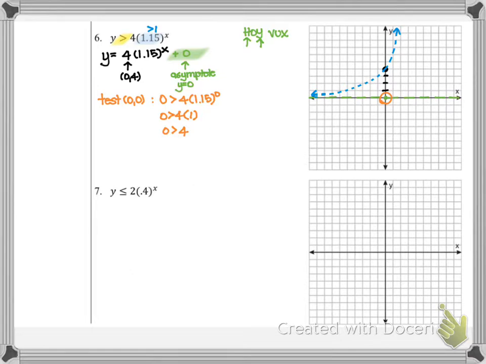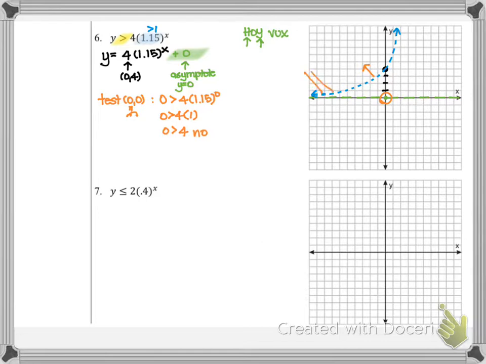Okay, now I ask myself, is 0 bigger than 4? No, that's not true. So that means that this 0, 0 didn't work. So I don't want to go towards the 0, so that would be here. I don't want to do that because it didn't work. I want to go in the opposite direction. So it kind of looks like I'm inside the blue curve instead of on the outside of it.